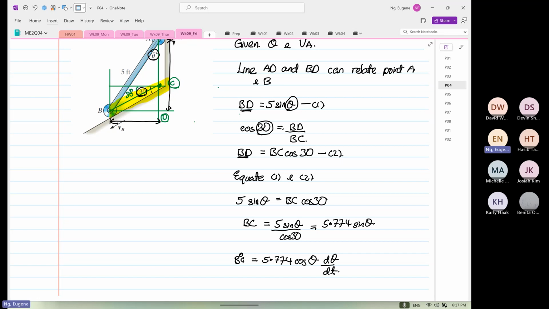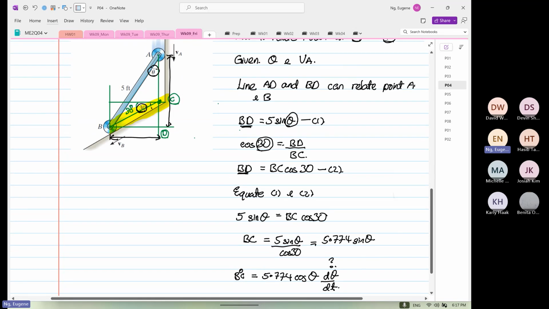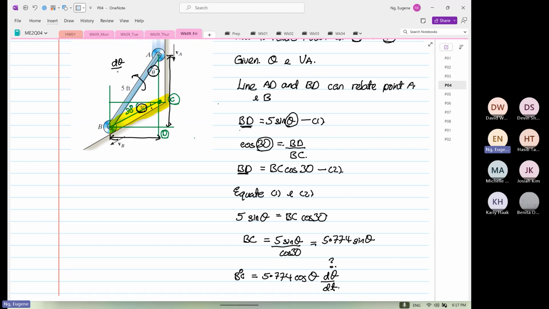Okay. Now we don't know what is d theta over dt. Okay, we really don't know. So d theta over dt coming down is this direction. So this is our d theta over dt. We don't know what it is yet.